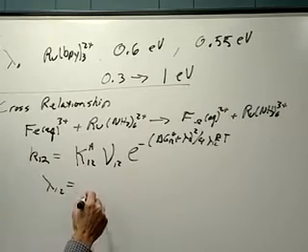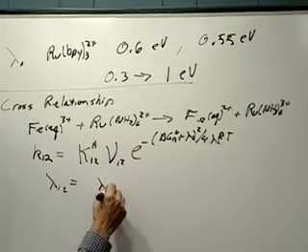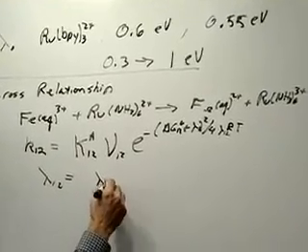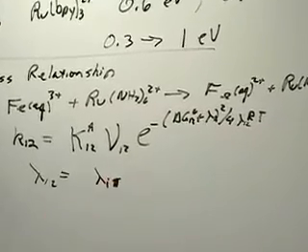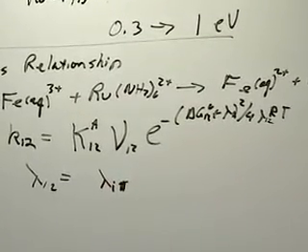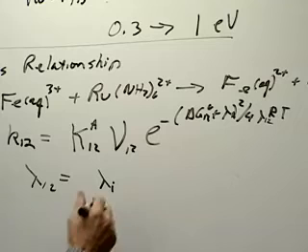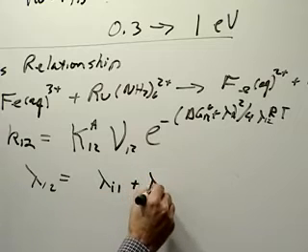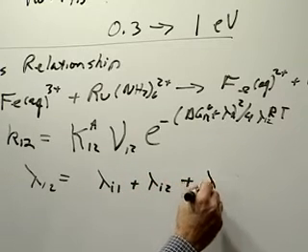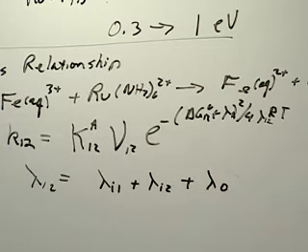So we're going to have the lambda in of the iron, well, I'll call it of 1, you'll see, plus a lambda in of 2, plus the lambda out. And we're going to compare that now to the self-exchange reactions.